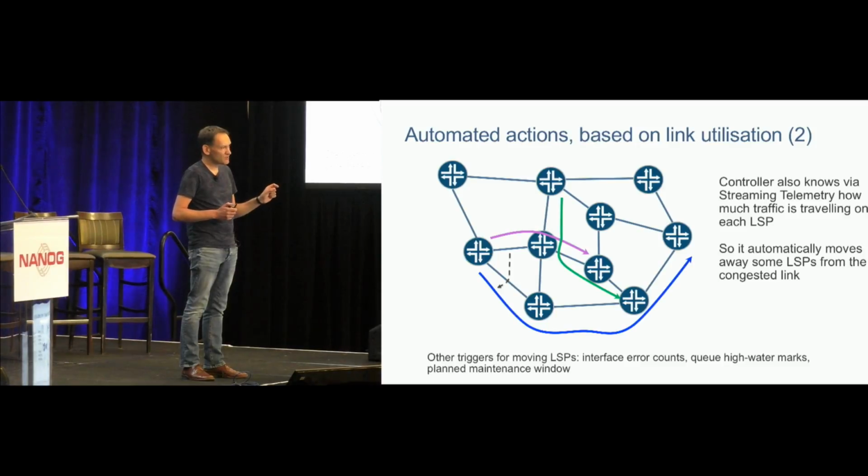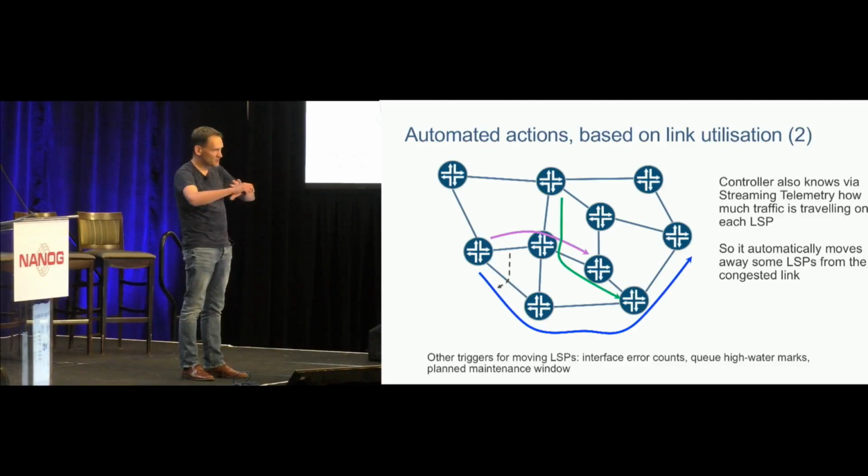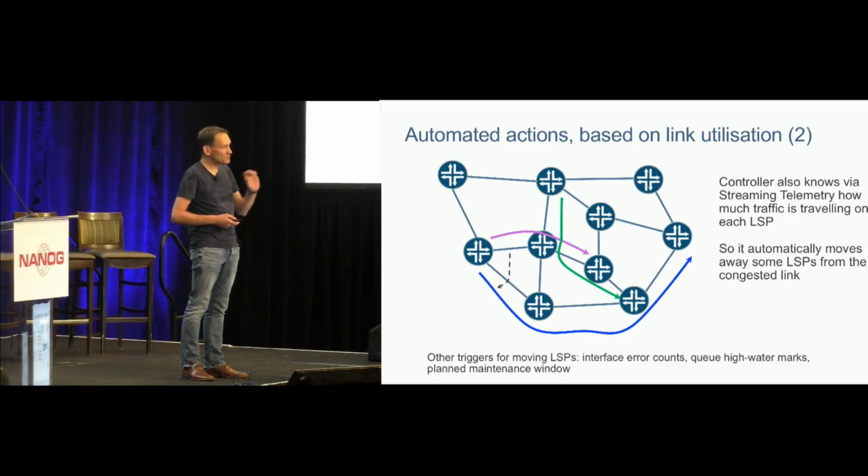Then they need to log on to the ingress routers and put in some loose hops to pin the LSP away from the congested area. After a few months of doing this, you end up with a rat's nest of LSPs which have been pinned around the network in all sorts of different ways, and unravelling it can be quite messy because the reason why some of those LSPs have been pinned in a certain way may have gone away. So having a controller do all of this entirely automatically makes a lot of sense, as you can imagine.